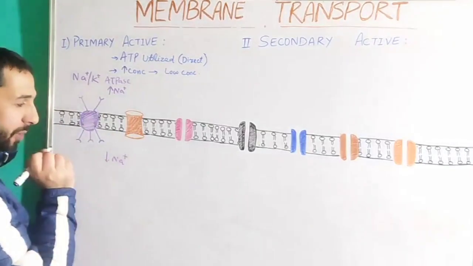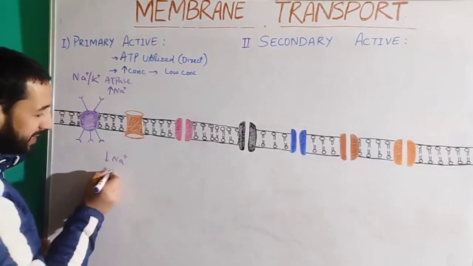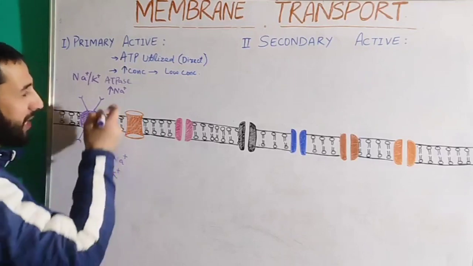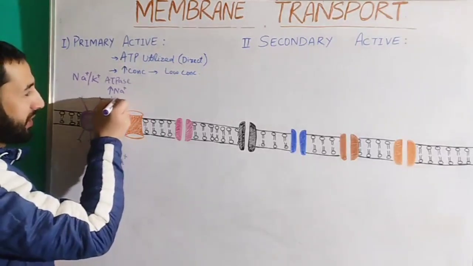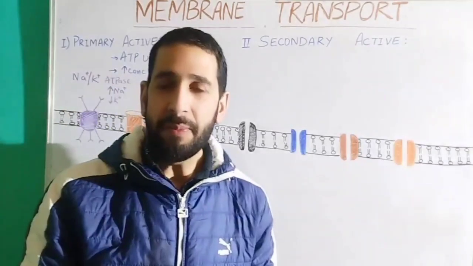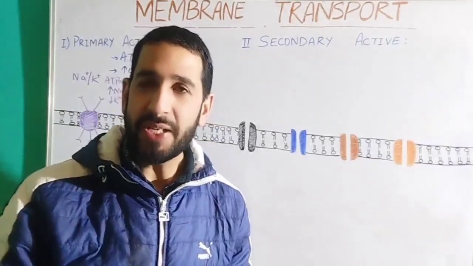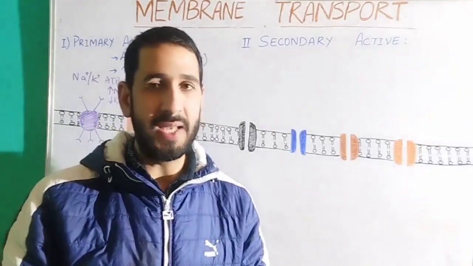And when we talk about potassium, potassium is in higher concentration inside the cell, and potassium is in lower concentration outside the cell. This you have to remember every time: sodium is in higher concentration outside the cell and potassium is in higher concentration inside the cell.